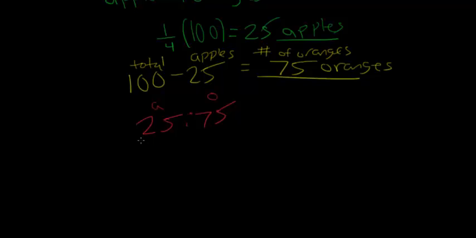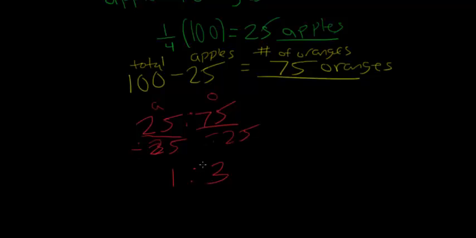Now, what are these divisible by? Well, you could do 3. Say if you did it by 3. No, you can't do this by 3. So you'd have to divide by 25, and you'd have to divide by 25. So 25 divided by 25 is 1. And what's 75 divided by 25?